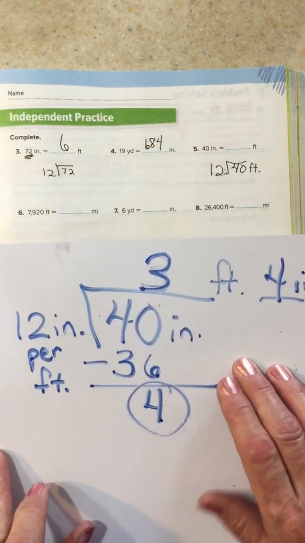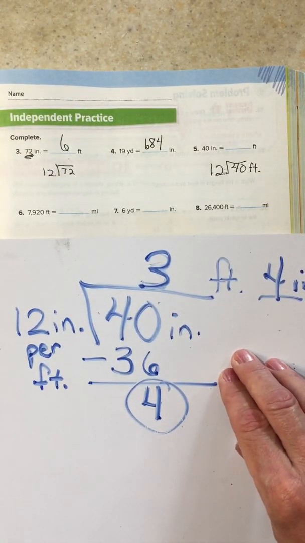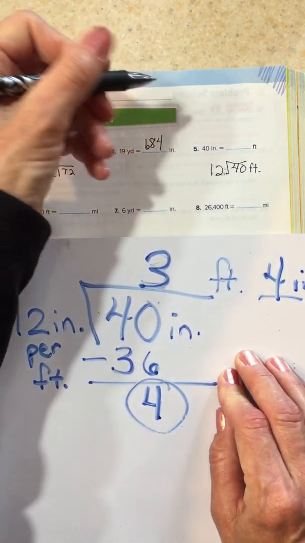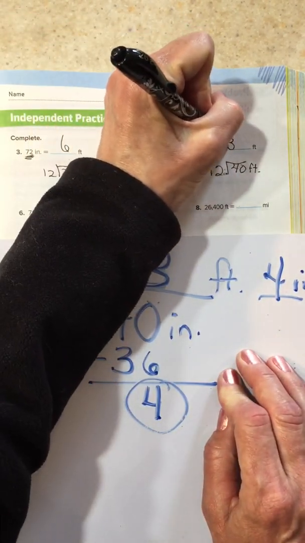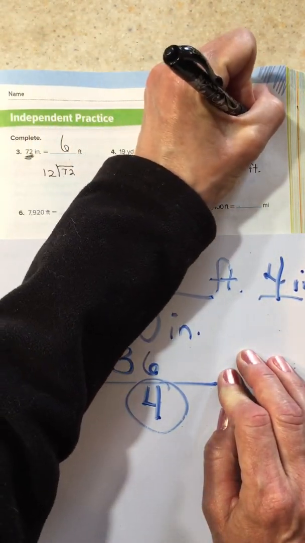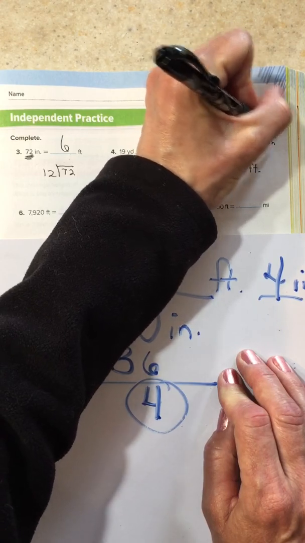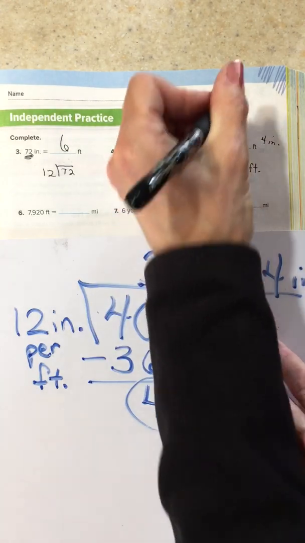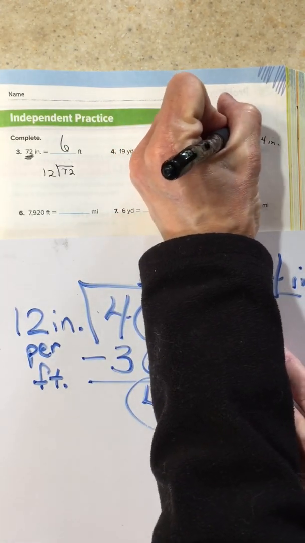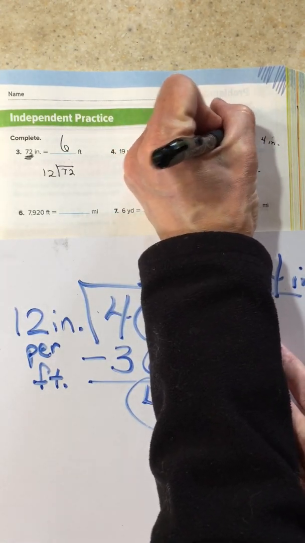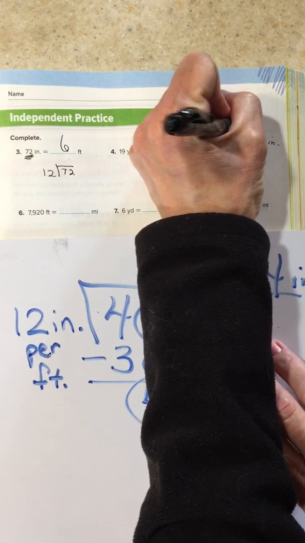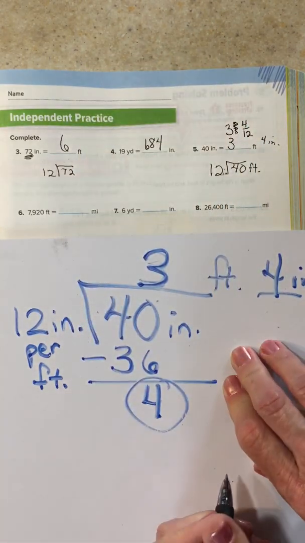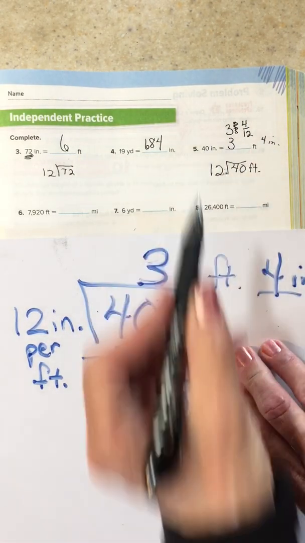When we write it in our book, we are saying 40 inches was the same as 3 feet and 4 inches. And if you want to write it as a fraction, it would be 3 feet. Oops, I shouldn't have written that so far. And 4 out of 12 inches that it takes to make another foot, if you write it as a fraction.